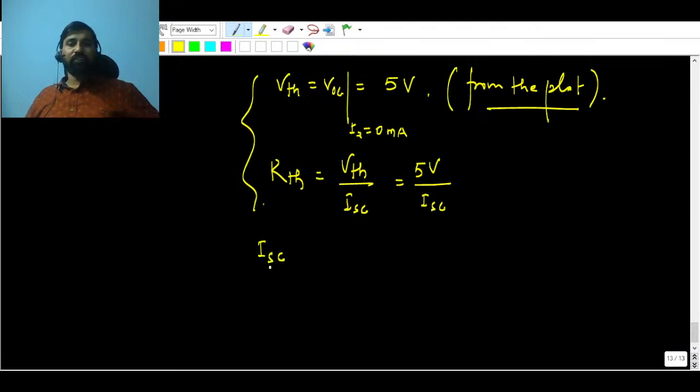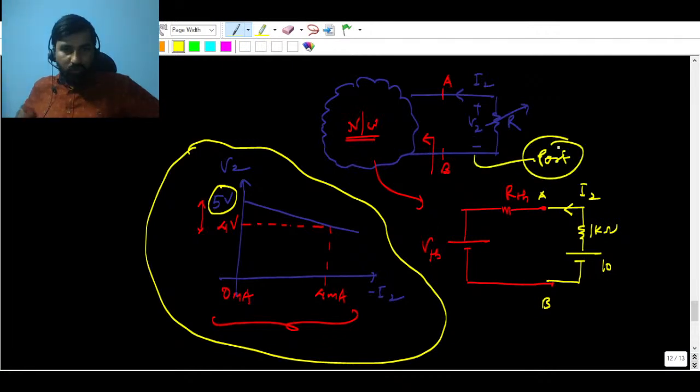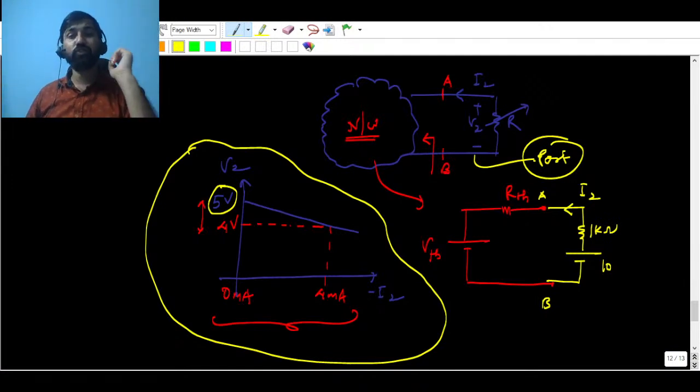Short circuit current will be equal to your I2 only, because all the calculation is being done at port 2. For calculating short circuit current, your V2 should be 0, that is, the variable resistance is short circuited.